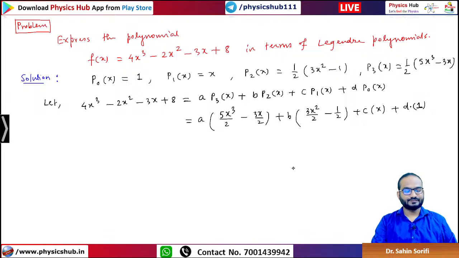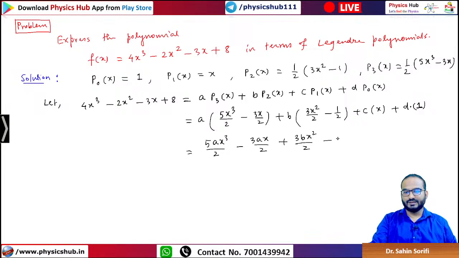No issue. So this equals 5a x cube by 2 minus 3ax by 2 plus 3bx square by 2 minus b by 2 plus cx plus d.